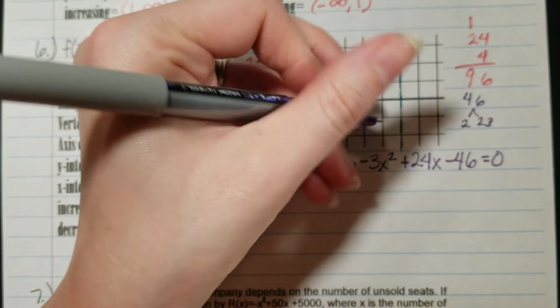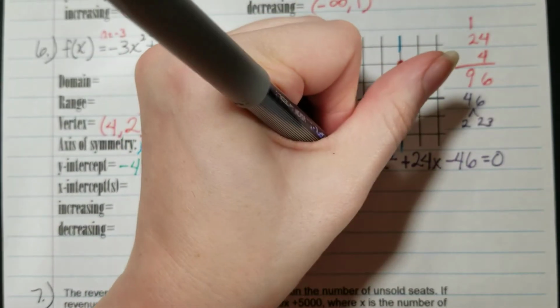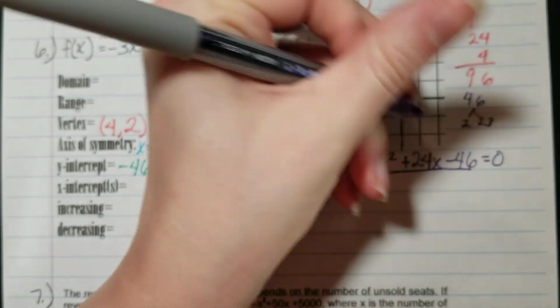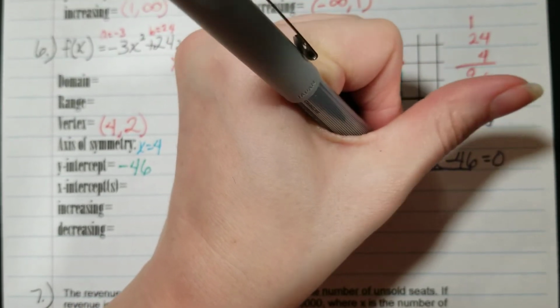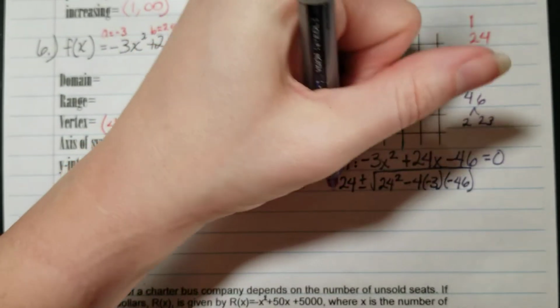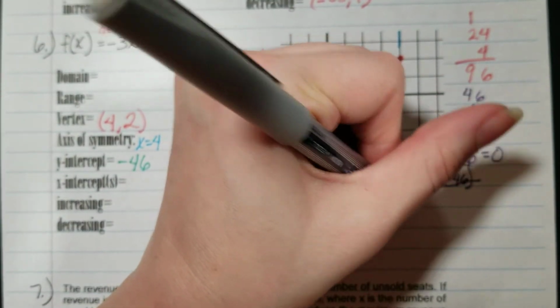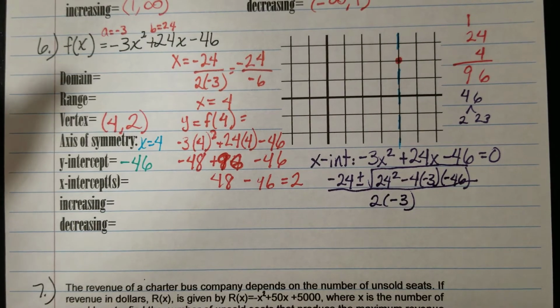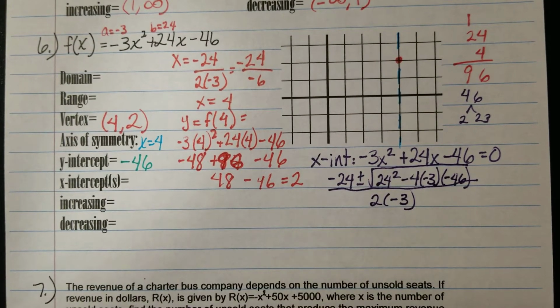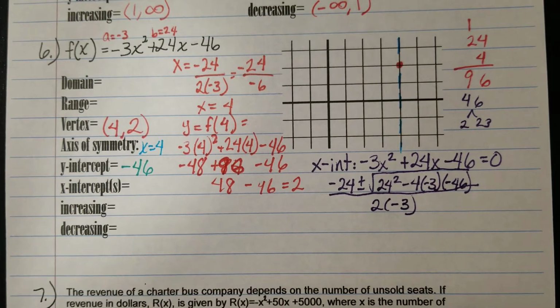All right, so quadratic formula, we would do negative 24 plus or minus the square root of 24 squared minus 4 times negative 3 times negative 46, all over 2 times negative 3. Okay. Oh, pish posh. I don't even have a calculator handy and I'm using my phone to record this. Yeah, I'm just going to skip that for now.